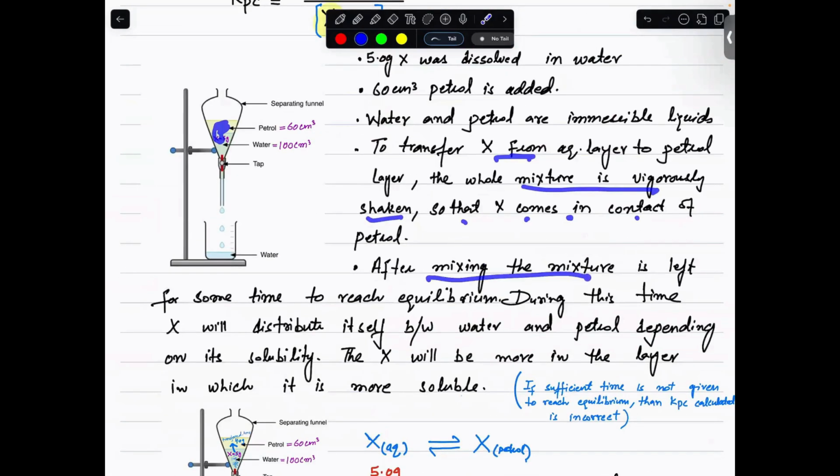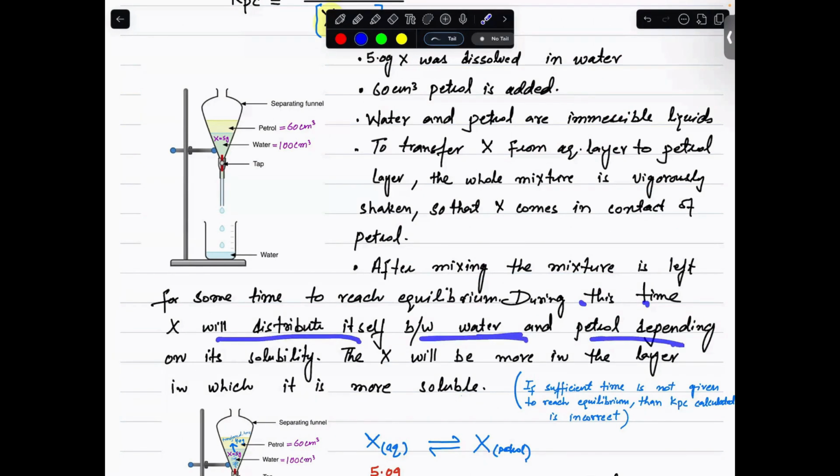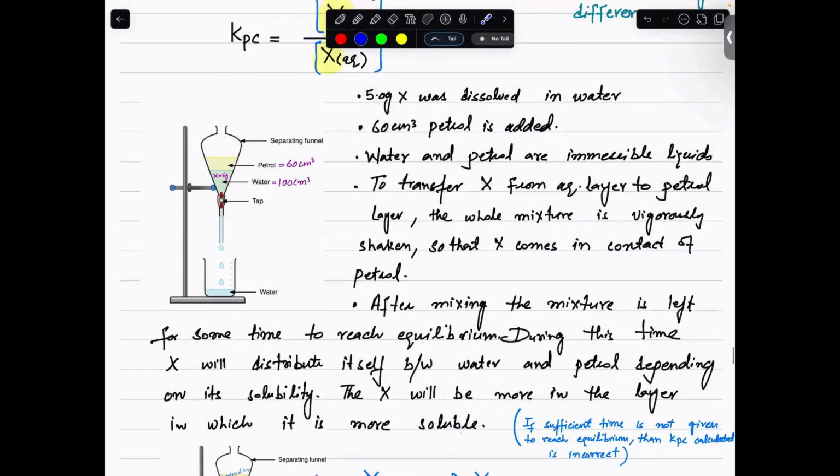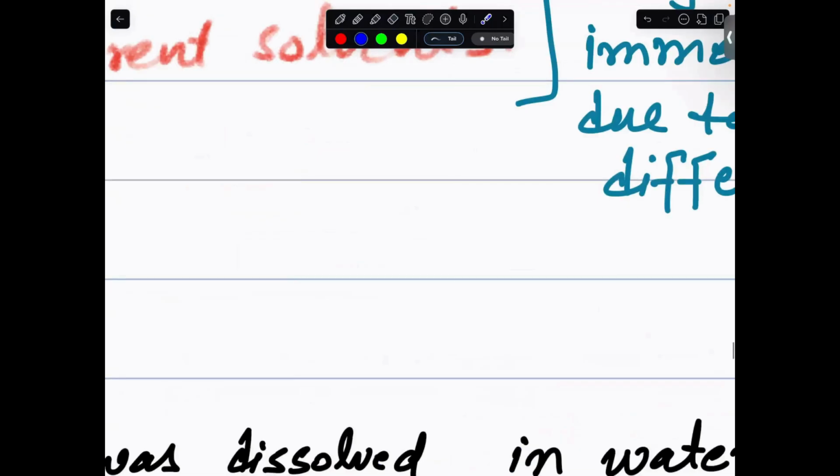After mixing, the mixture is left for some time to reach equilibrium. During this time, the X will distribute itself between water and petrol depending on the solubility. The X will be more in the layer in which it is more soluble. So, this is your X in water, and this is X that is transferred into petrol.